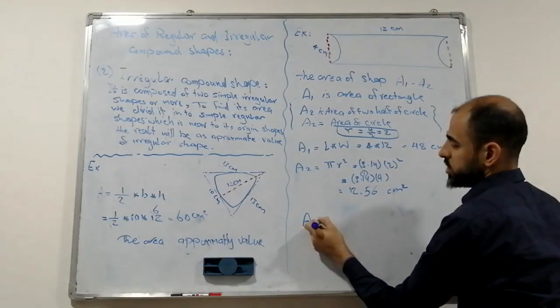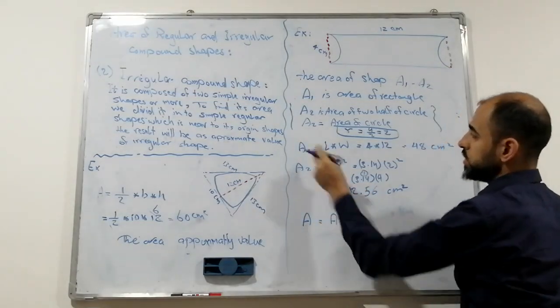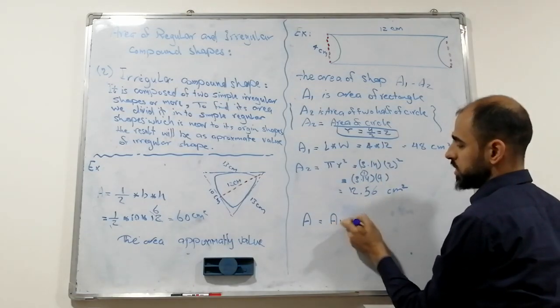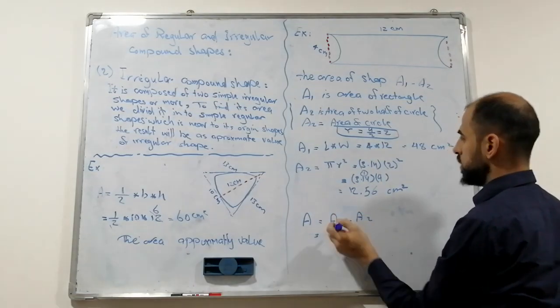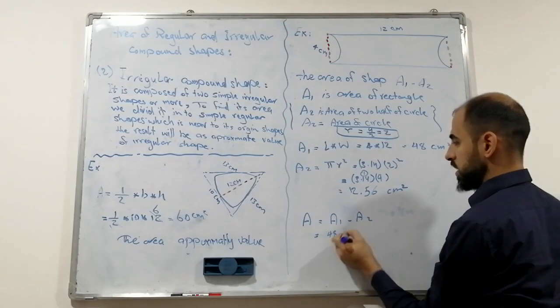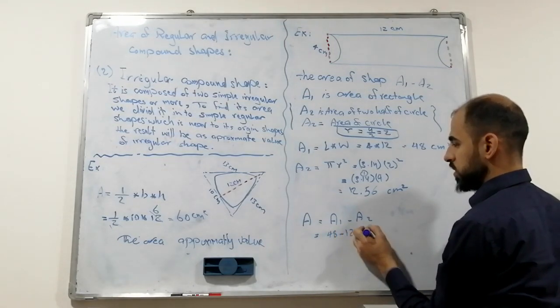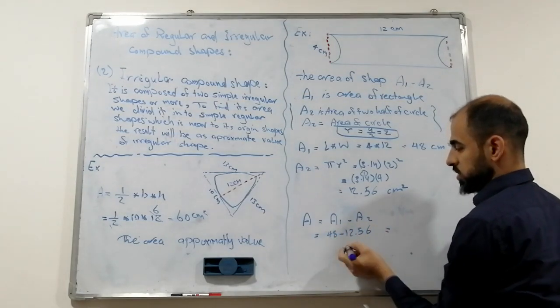Then the area of the shape equals A1, which is the area of a rectangle, minus A2, which is the area of circle. So 48 minus 12.56, which is equal to 35.44 centimeter to the power 2.